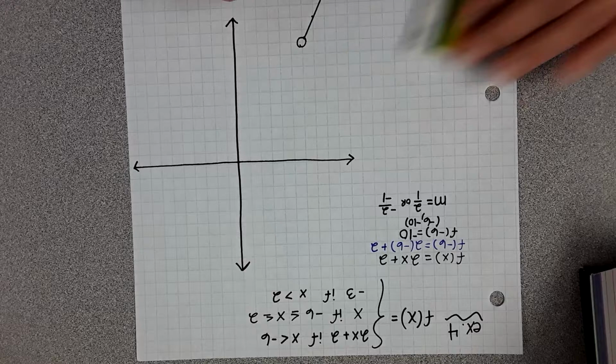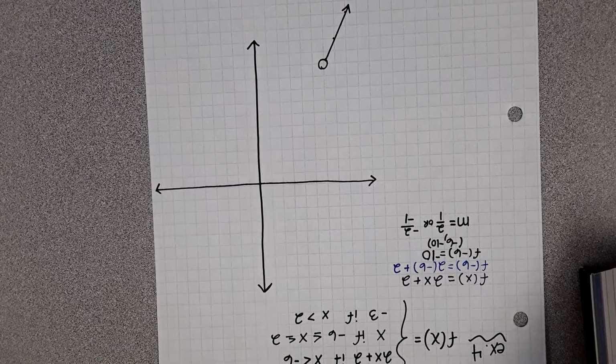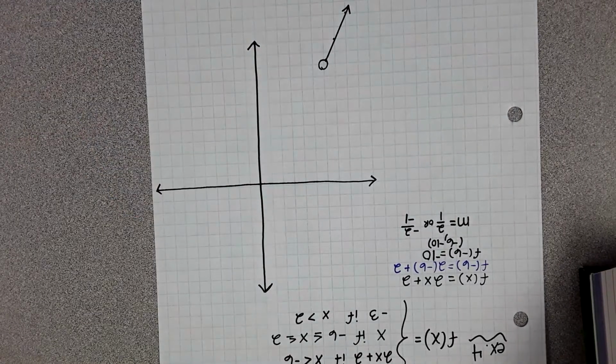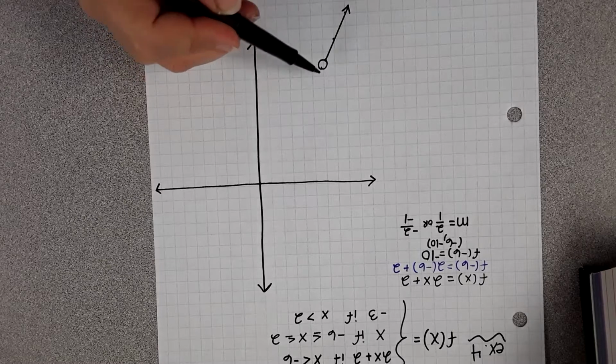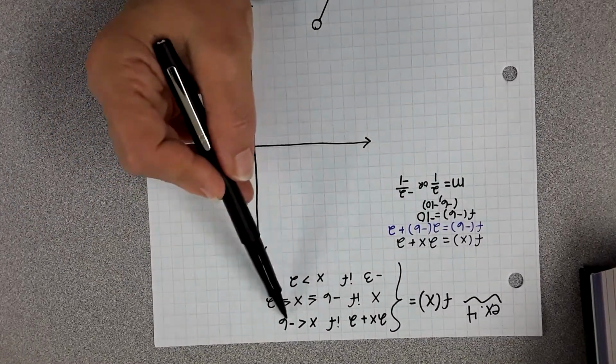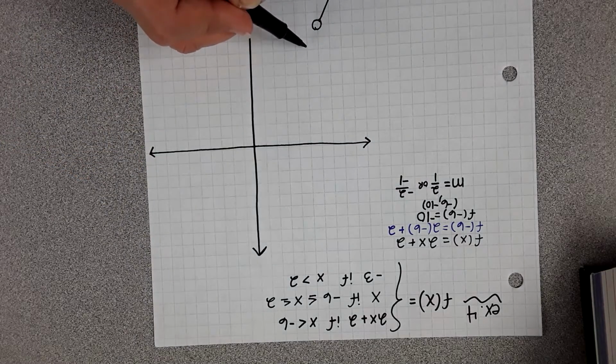Are there any questions about how I got that part of the line? So that's the first line that we graphed: f of x equals 2x plus 2. Yes? Why couldn't you go the other way too? Because I only want the part of the line where the domain is less than -6. If I went up 2 to the right 1, I'm getting values of x greater than -6, and I don't want greater.